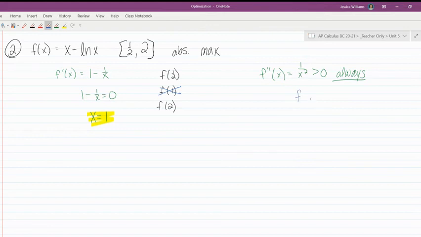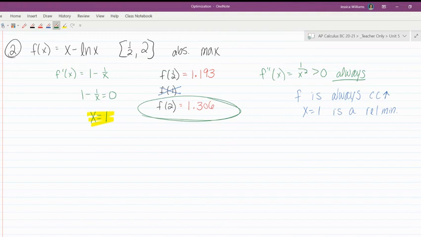So if f is always concave up, then x equals 1 is a relative minimum. And I don't need to test it if I'm trying to find a maximum. So for this one, only the endpoints are possibilities. I used my calculator, and I got this, and I got this, and then you're just looking at values, and it looks to me like that's going to be our absolute max.